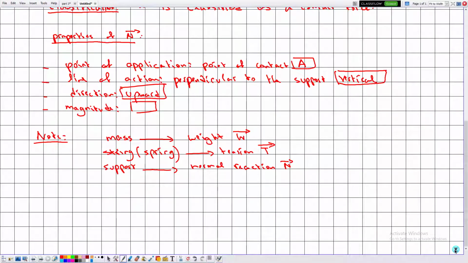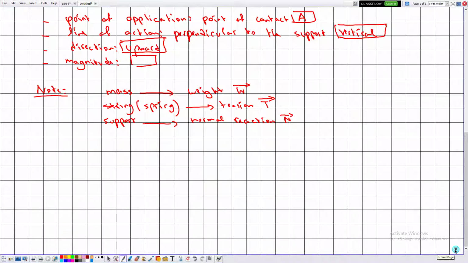Now let's consider application number 3 as a direct example of what we have just said. A solid S of mass M equal to 250 grams is placed on a table.